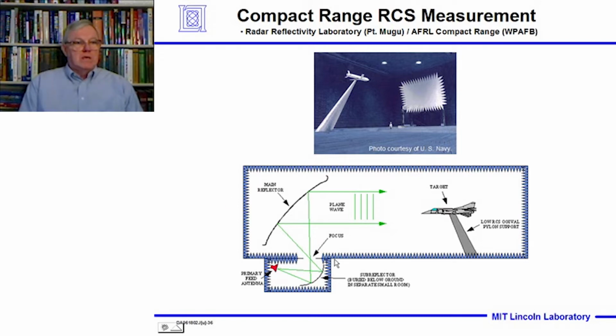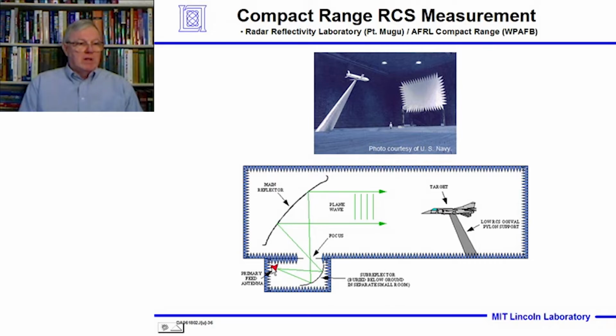Surrounding them is absorbing material made of carbon that absorbs any reflections other than the angles you're looking at. The mechanism of generating the electromagnetic plane wave is shown here.